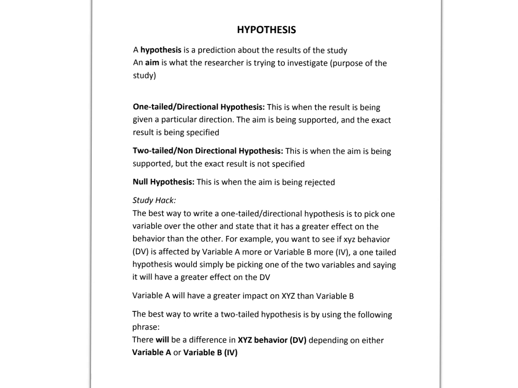Now, a hack or a statement that you can use, similar to the one-tailed hypothesis, for a two-tailed hypothesis is this statement. There will be, and if you notice, I've written will in bold because I told you guys that a hypothesis is always a prediction. Okay, it hasn't happened as yet.